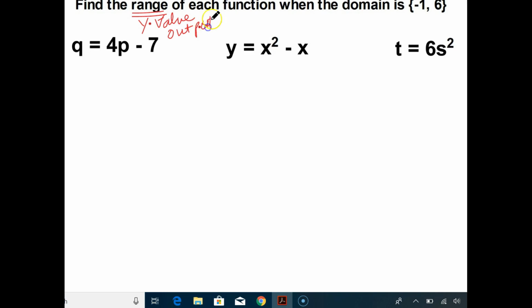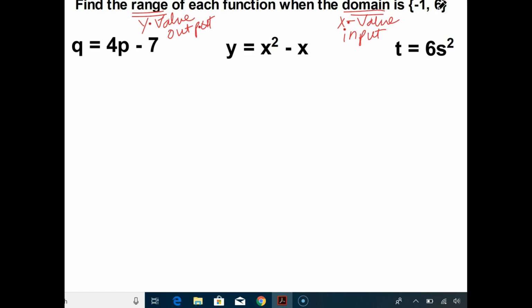The domain is called our x value, and it's called our input. So it says find the range of each function when the domain is -1, 6.